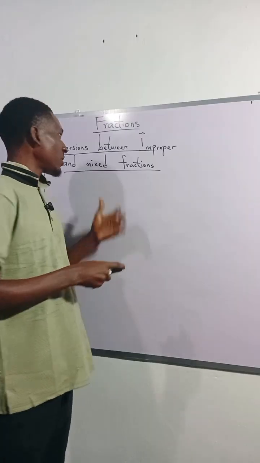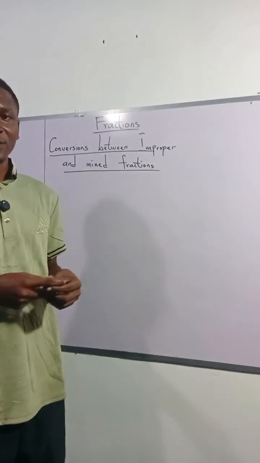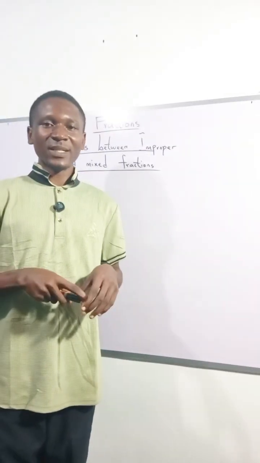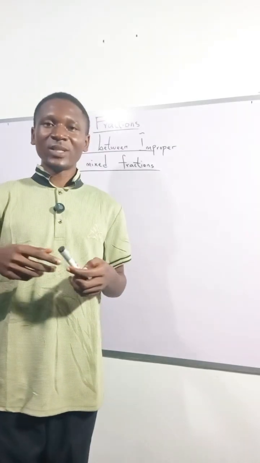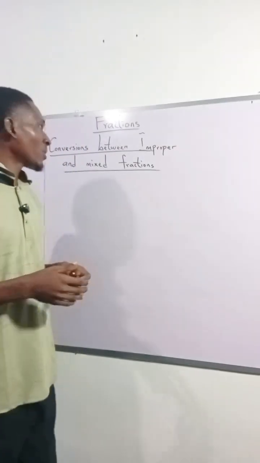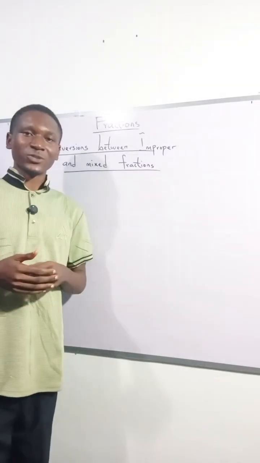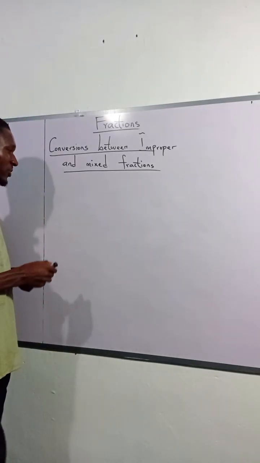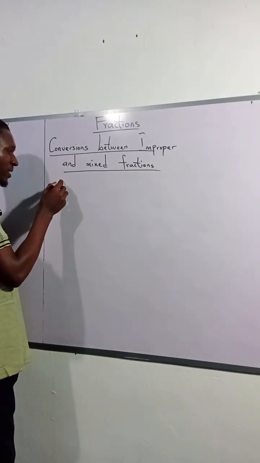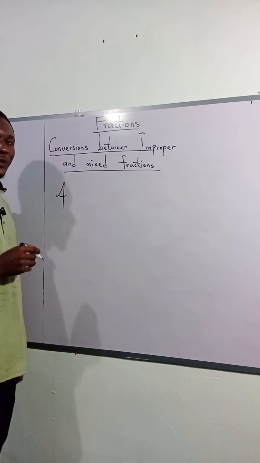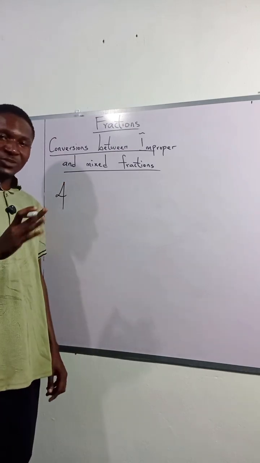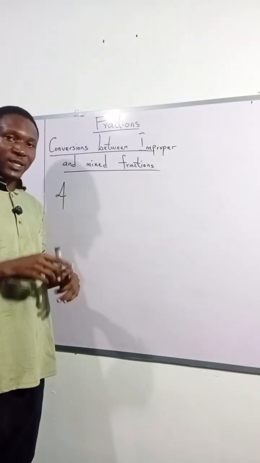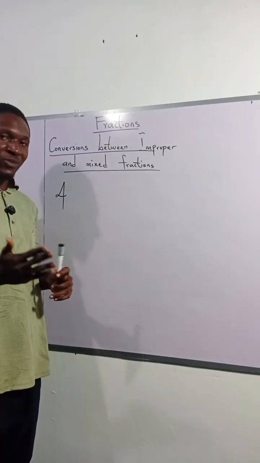Now, let's look at this final step of this very class. As time goes on, we are going to be looking at other aspects of fractions. But for now, let's look at how we convert these fractions. An example of a mixed fraction is, let me say, 4 whole number. Remember, a mixed fraction is a fraction that has a whole number and a proper fraction.